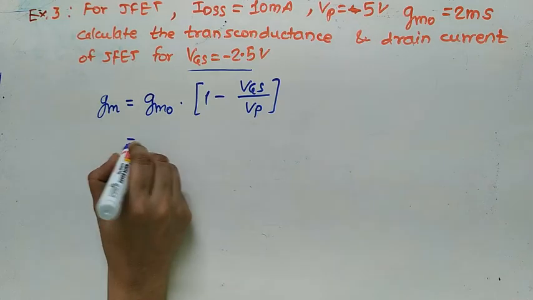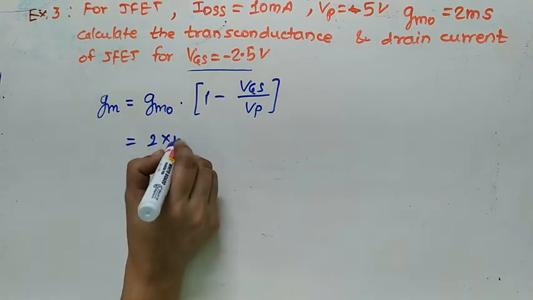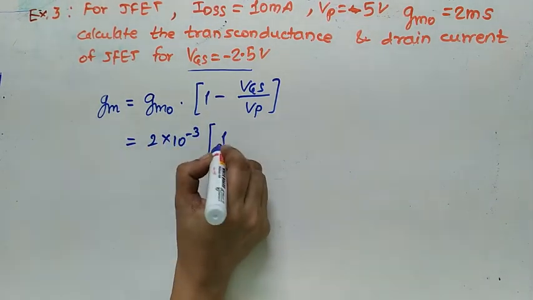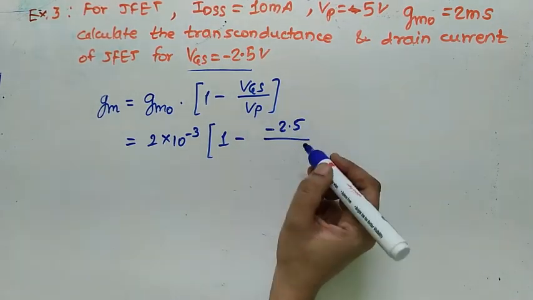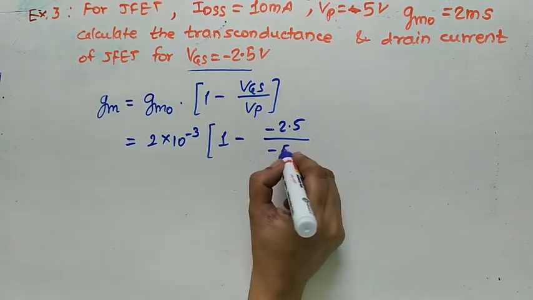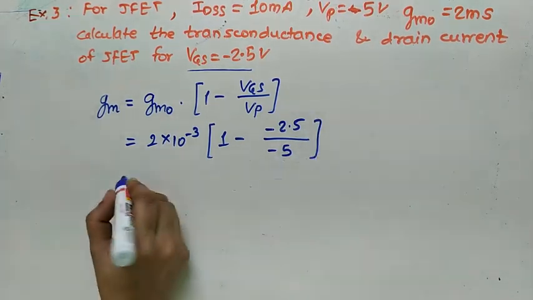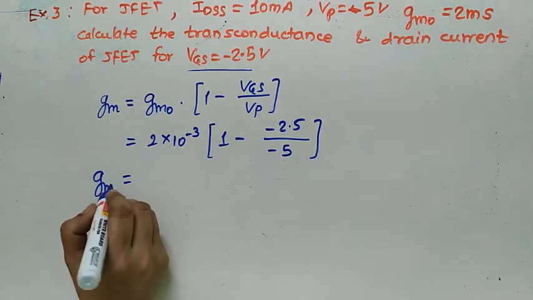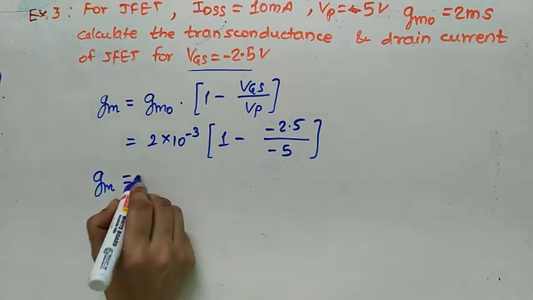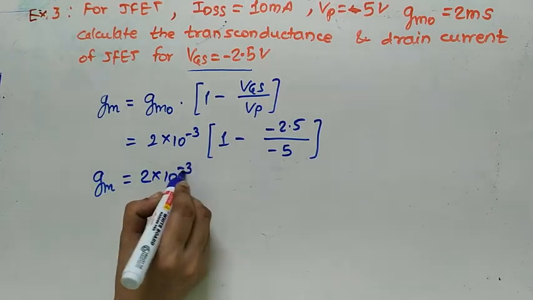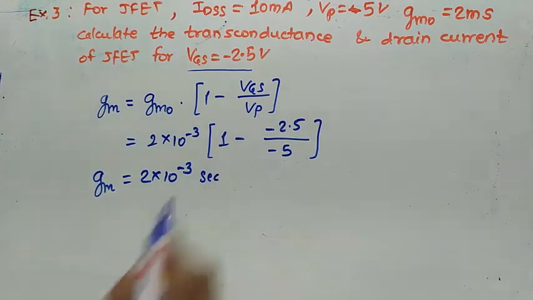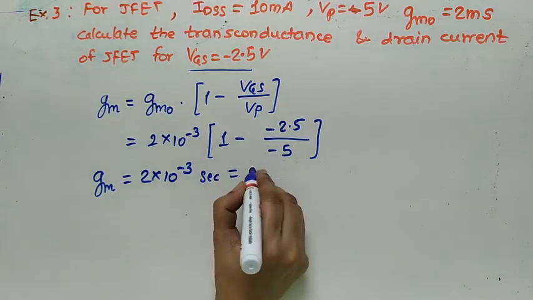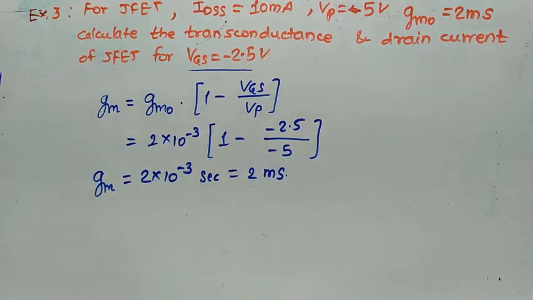GMO is 2 into 10 raised to minus 3, VGS is given as minus 2.5, divided by Vp, which is given as minus 5. Solving this on the calculator we get the answer 2 into 10 raised to minus 3 siemens, or we can write it as 2 millisiemens. So this is the answer for Gm.